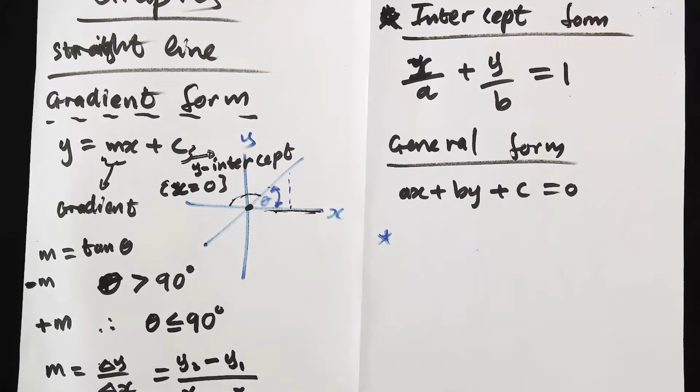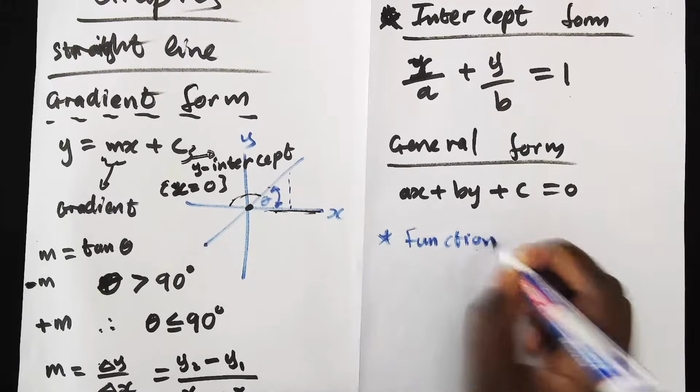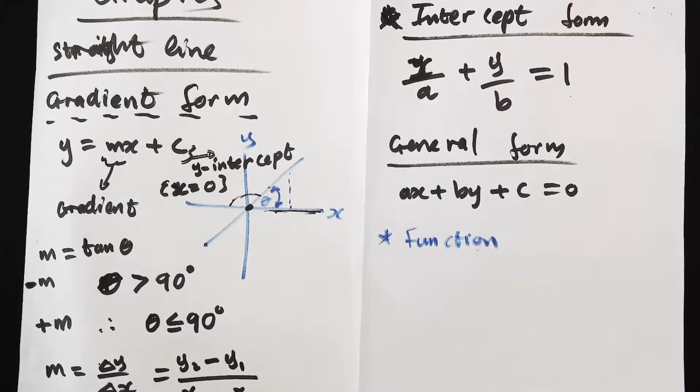It is a function. Therefore, a question will come: why is it a function? Because one value of x produces one value of y.